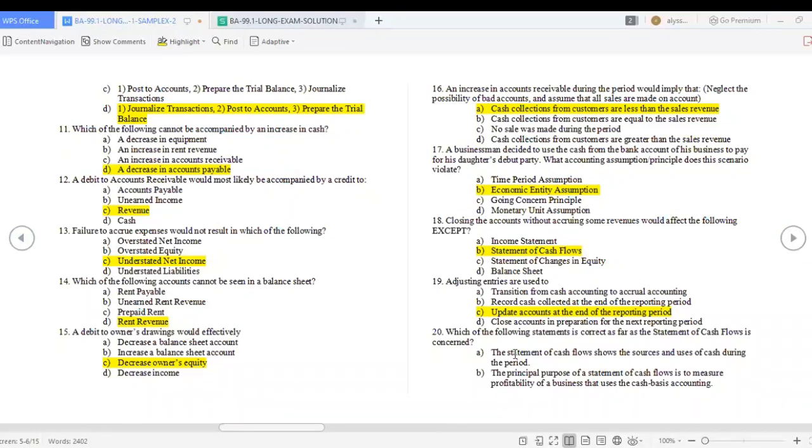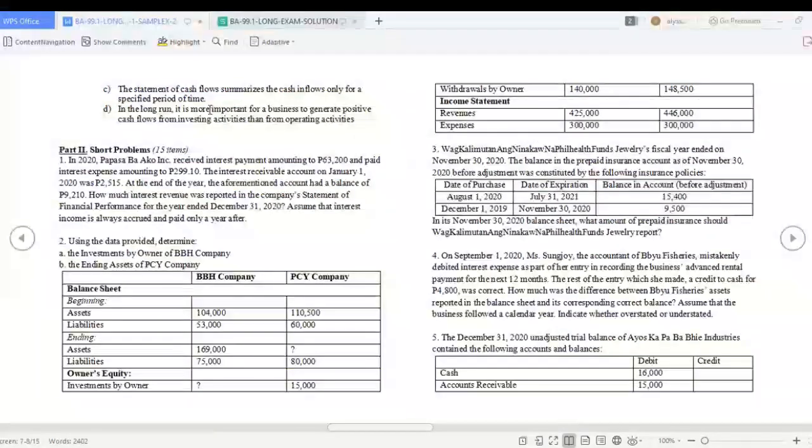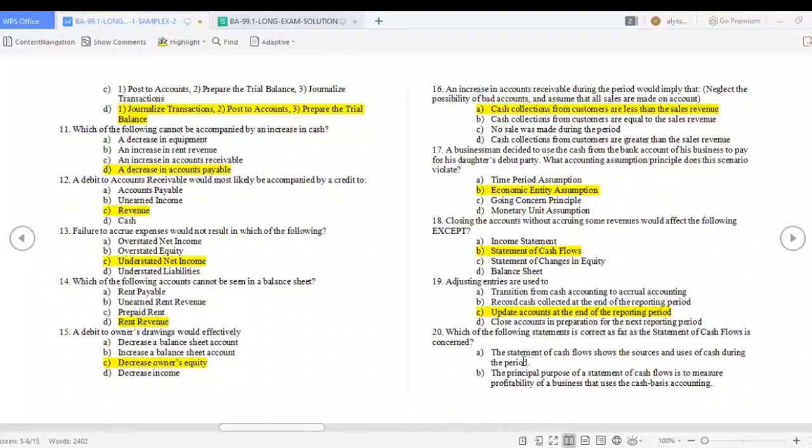When you make the statement of cash flows, it separates the sources and uses of cash. B. Principal purpose of a statement of cash flow is to measure profitability of a business that uses the cash basis. So this is also not true. Also, letter C is not true, so the correct answer is letter A.